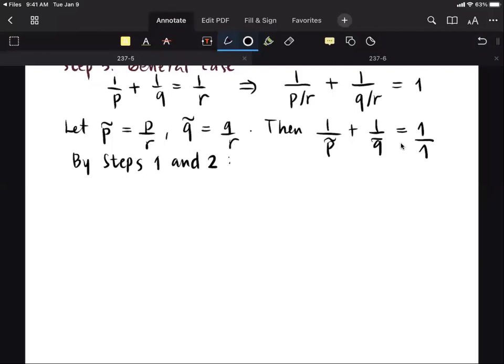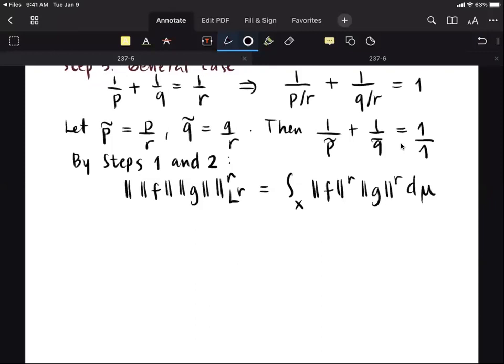The L1 norm of the product is less or equal to, okay, so let's start with LR and write this in terms of the integral, g of R d mu.